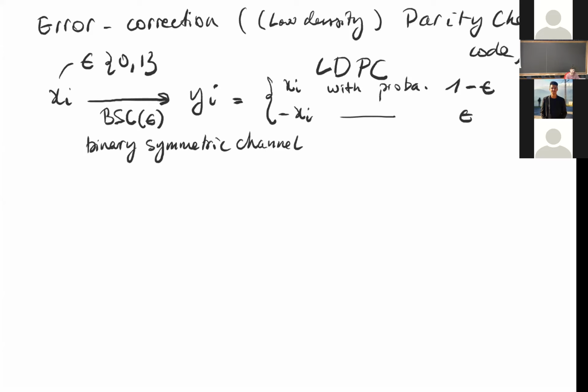And this channel is just something that, with a certain probability epsilon, flips the bit. So it creates an error.